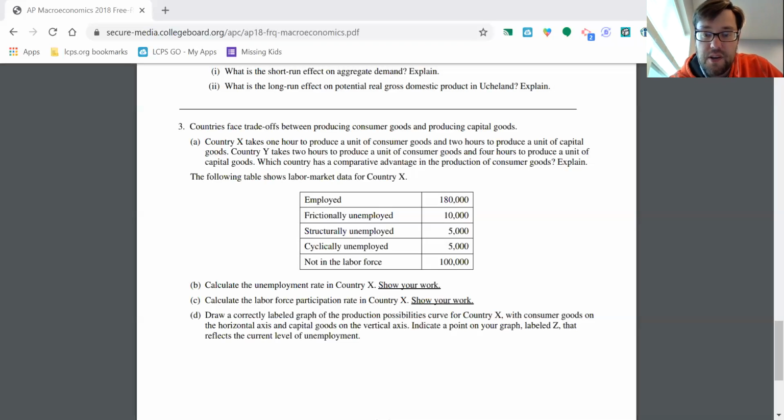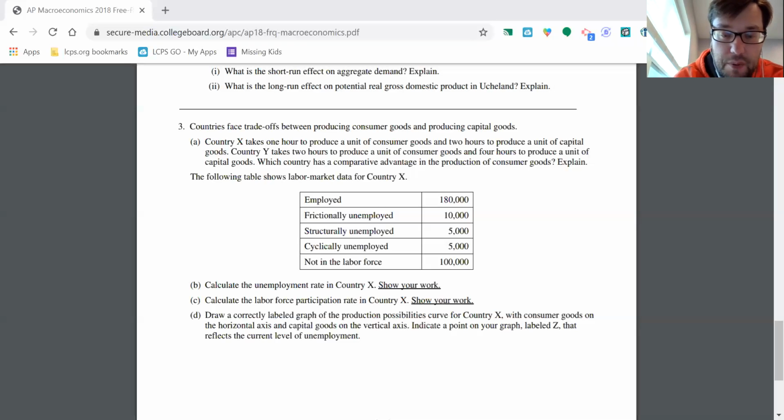So let's think about our production possibilities curve, right? We're only on that curve if we're utilizing all of our resources, right? If we're somehow underutilizing our resources, then we are not on that curve, right?